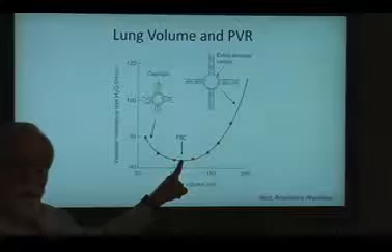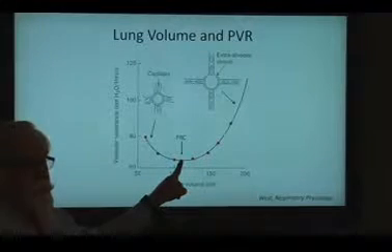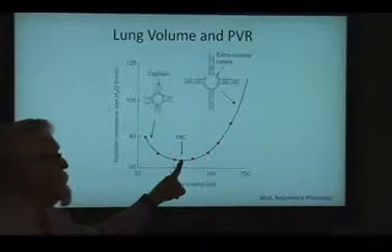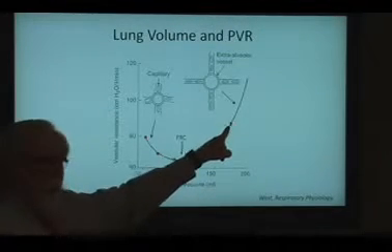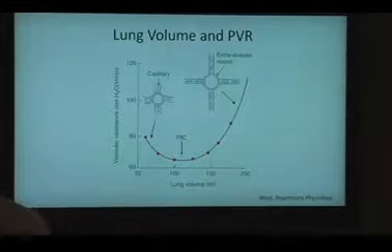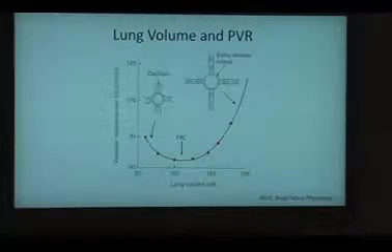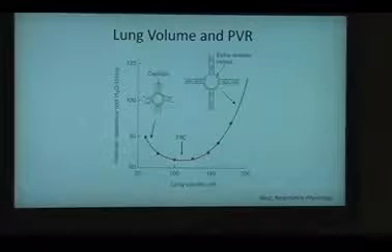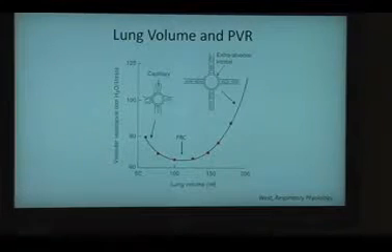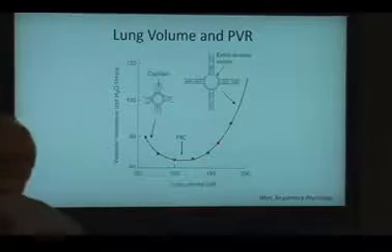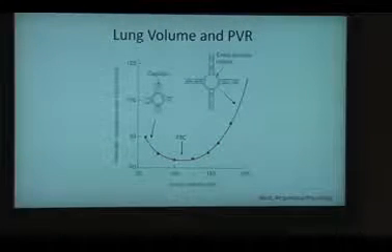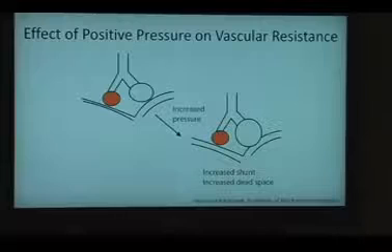But if we overshoot with the PEEP, and the PEEP results in over-distension, an increase in lung volume, that will increase the pulmonary vascular resistance, and that could contribute to some of the adverse hemodynamic effects we see with the use of PEEP. So if we set our PEEP correctly, that should improve pulmonary vascular resistance. Too little or too much will result in an increase in pulmonary vascular resistance.